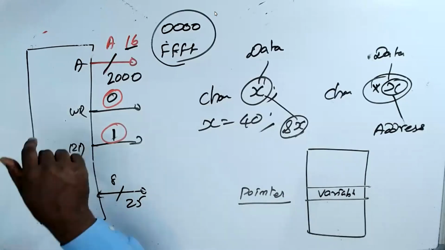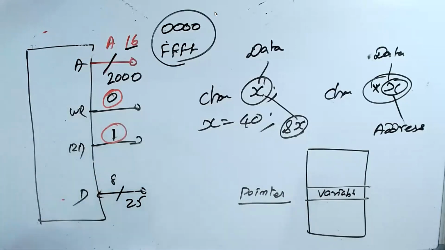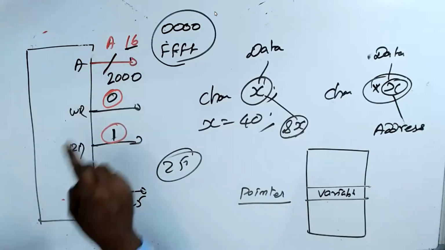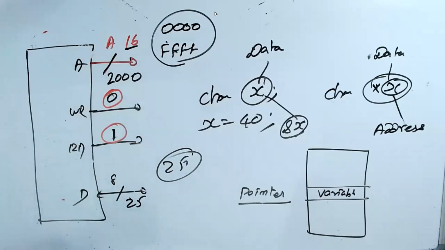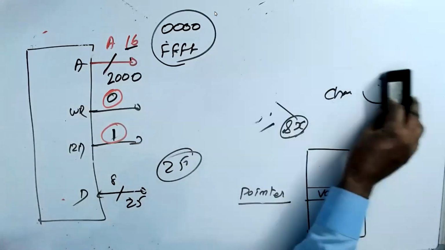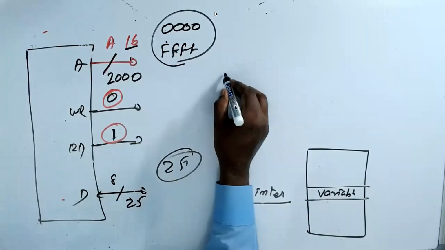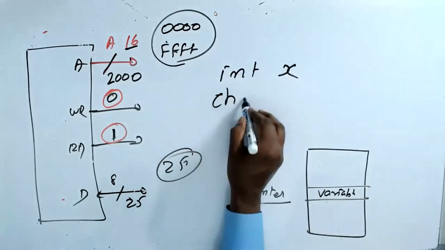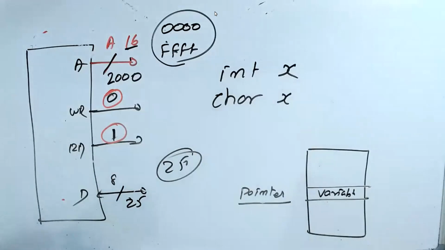If you tell the microprocessor to write 25, he will ask where to write. You should give him a pointer. The trick is that when you write a program, int x or char x, all are the same. This is 8-bit, this is 32-bit. That's the only difference.